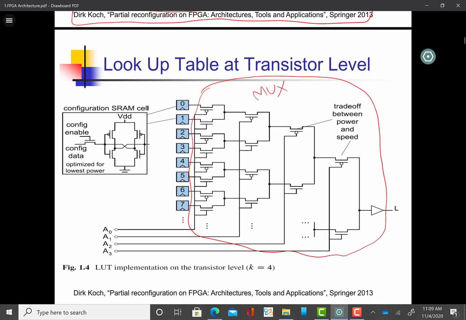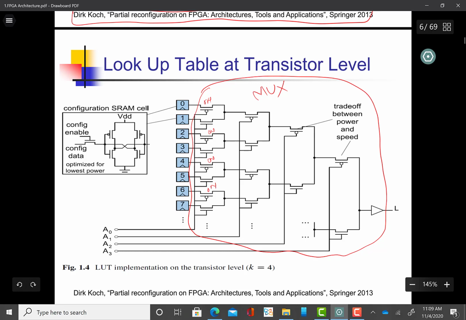I hope that you can now analyze how this works. For example, if A0 is equal to 0, all these transistors in the first level will be on. No, sorry, in the first level, if it is 0, it means that this one will be on, this one will be on, this one will be on, and this one will be on.